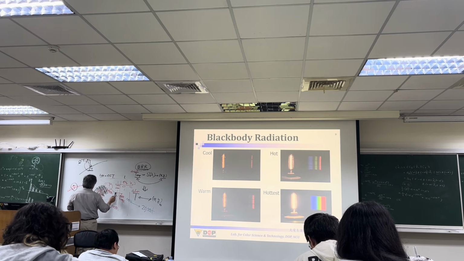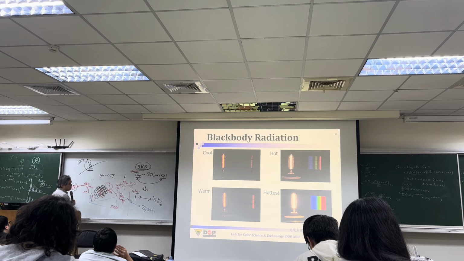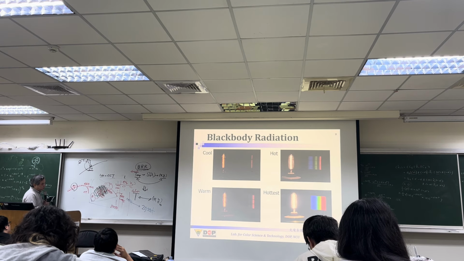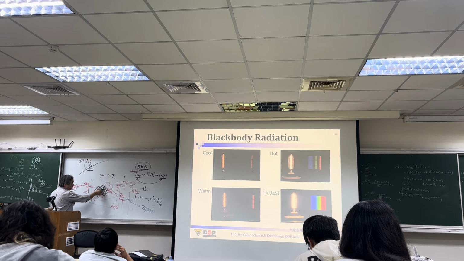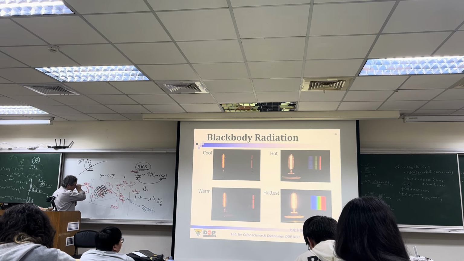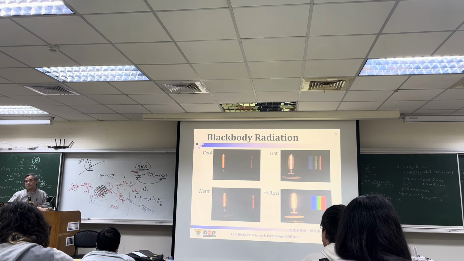Because color temperature only tells you about points exactly on the gravity radiation locus. If we are talking about some deviation from the locus, you must use correlated color temperature.